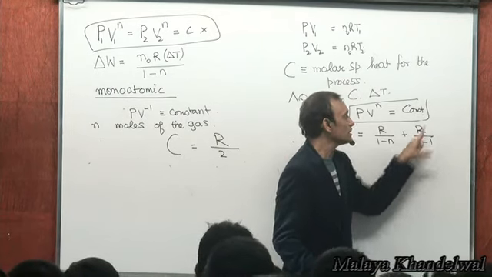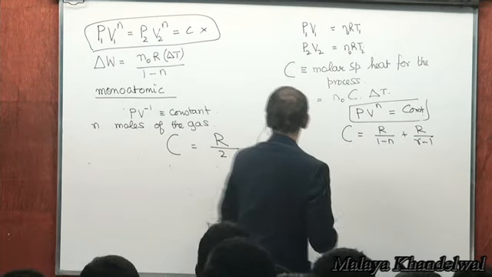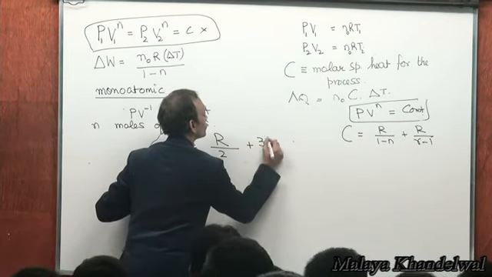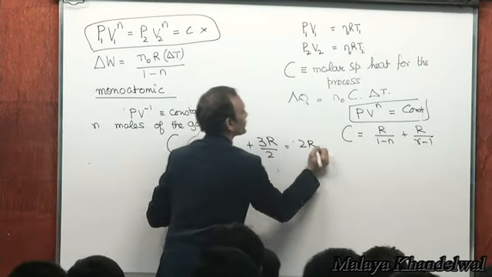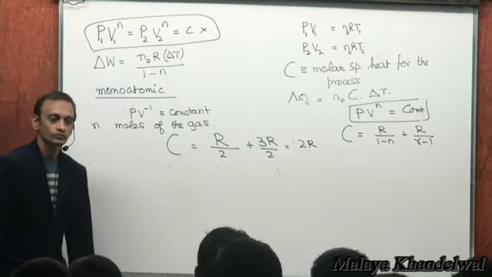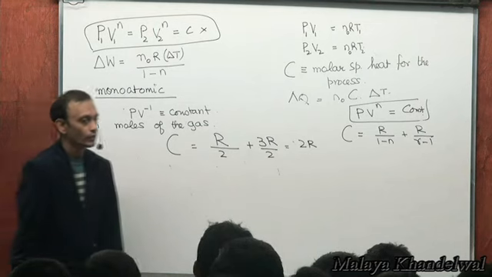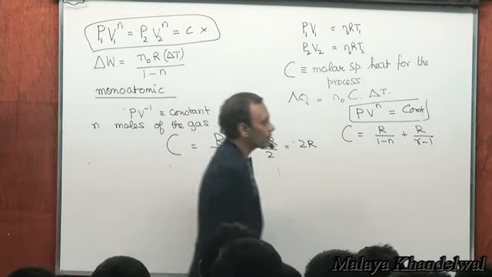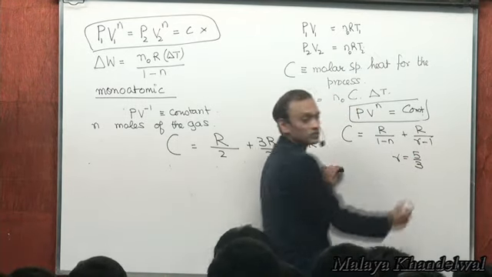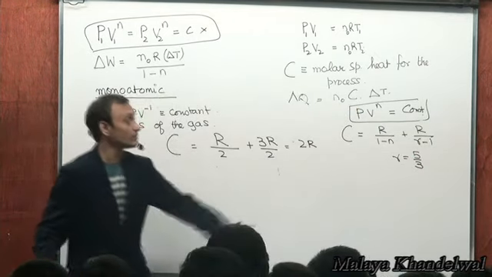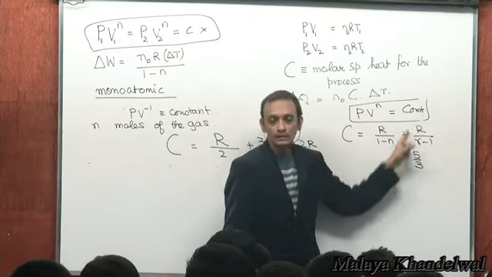See, gamma is 5 by 3, so R by gamma minus 1 will become 3R by 2. That makes the total 2R. Gamma for a monoatomic gas is 5 by 3, so CV, which is R by gamma minus 1, for a monoatomic gas is 3R by 2.